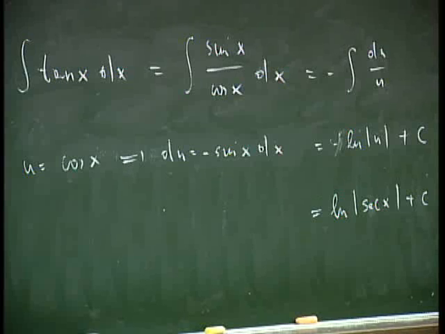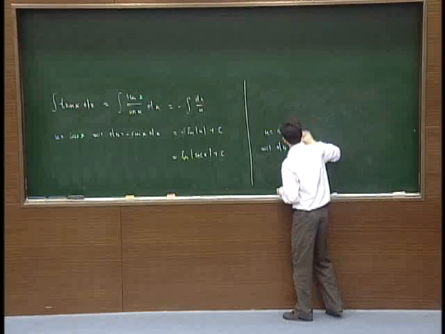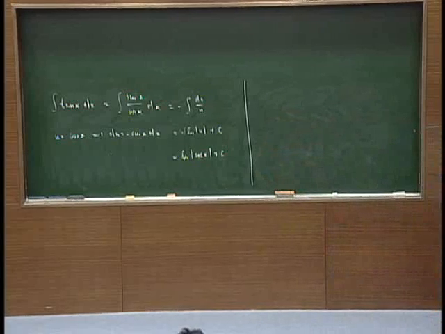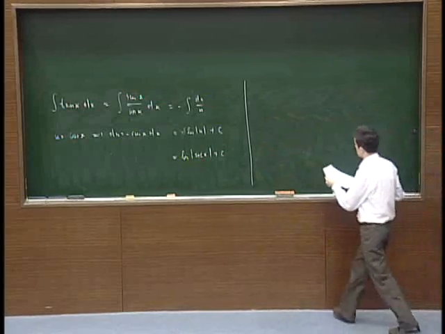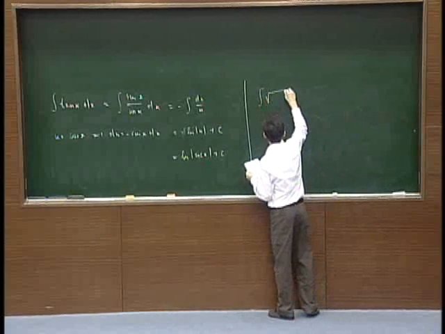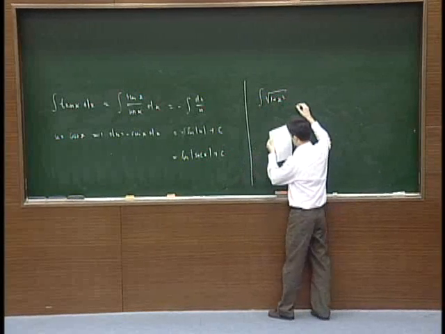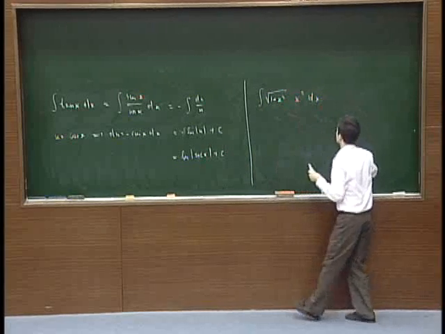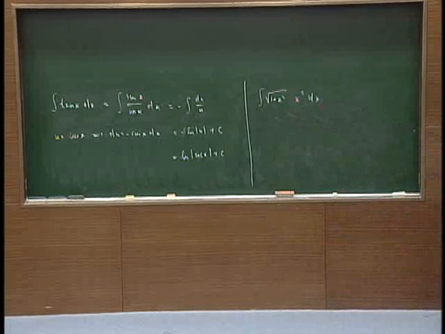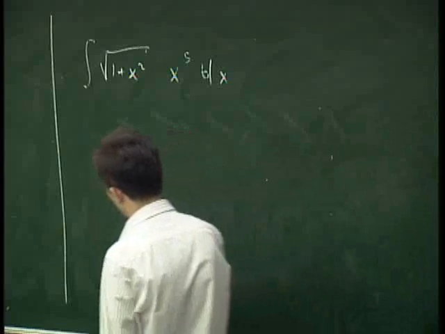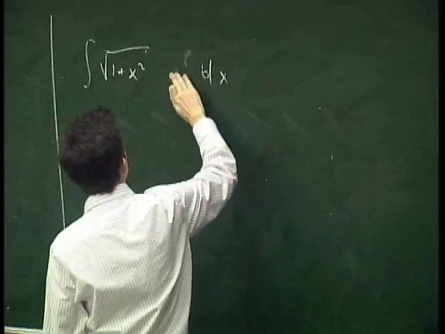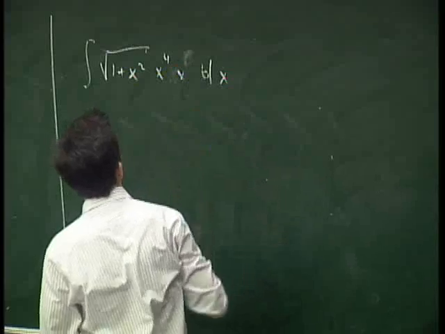Sometimes it's slightly more complicated to find the substitution. Some of the substitutions are really tricky, and we will learn more tricky substitutions later on. This one is not really tricky, but maybe also not so apparent for beginners. If you have x to the 5, the only thing you have to discover is that you can write this as x to the 4 times x.